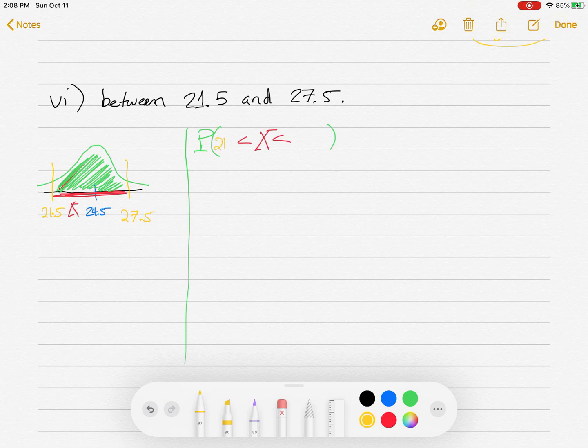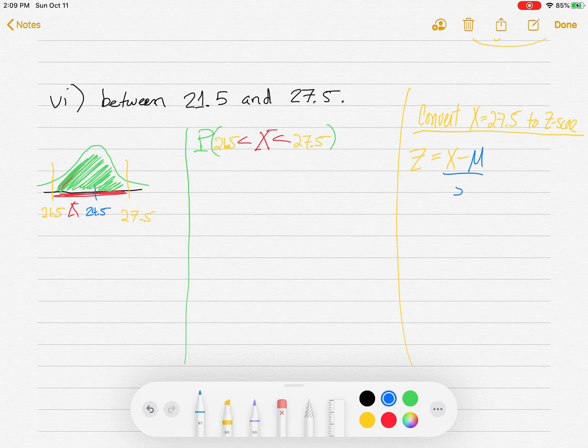So the way I'm going to write that, this is going to be the probability of getting an X value, a BMI, in between 21.5 and 27.5. The first thing I'm going to have to do is convert from X values to Z-scores.